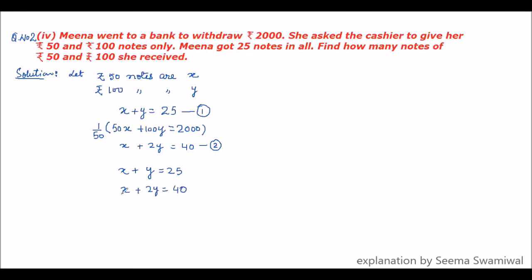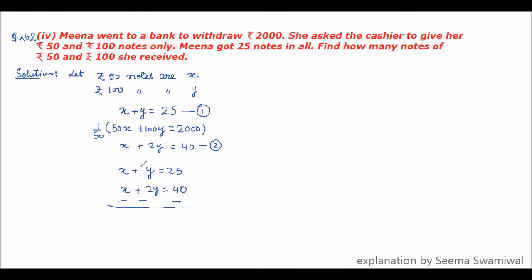Once again, you will observe, is there any variable which has the same coefficient? Fortunately, again, the coefficient of x is the same. We want to cancel it. If we add, they will not be cancelled, so we will subtract. When we subtract, the signs of x will change and they will be eliminated.